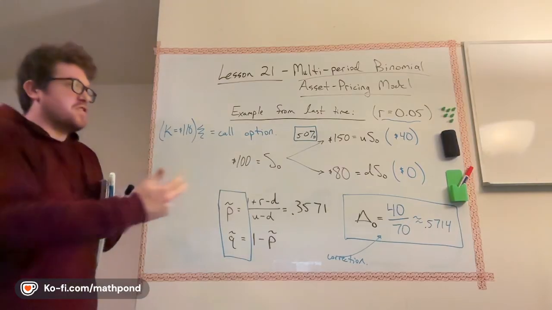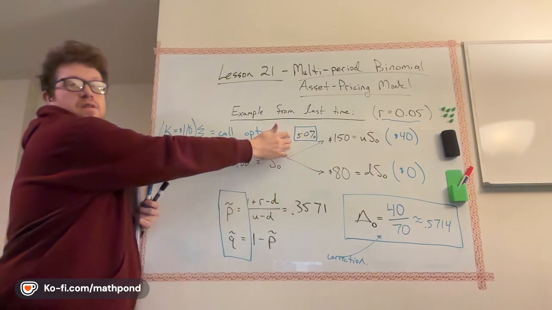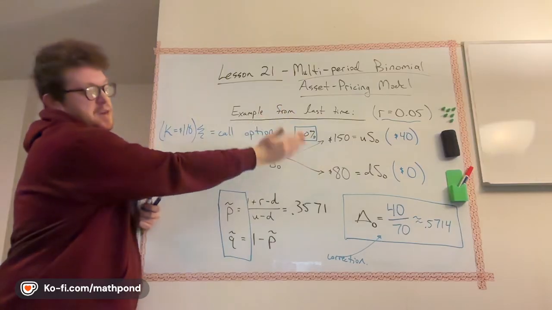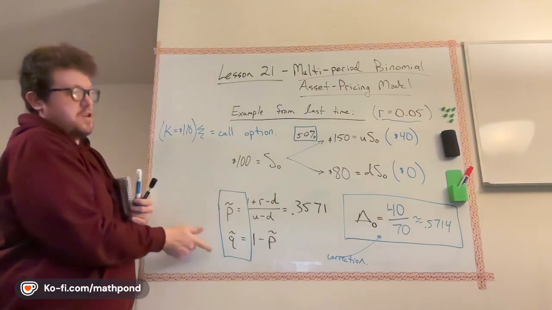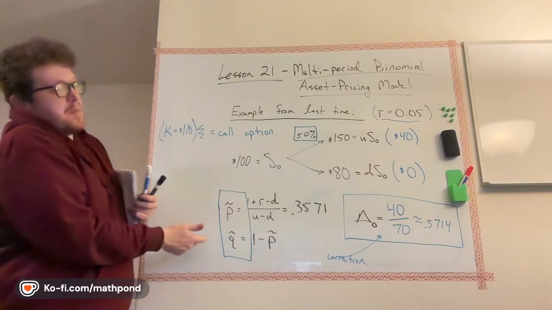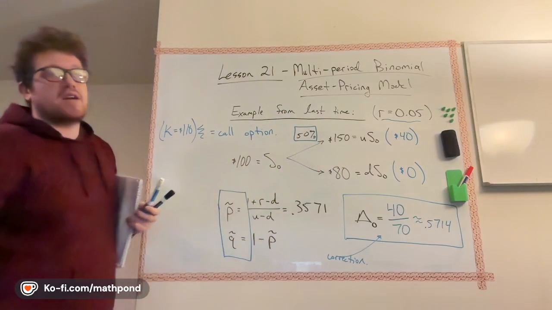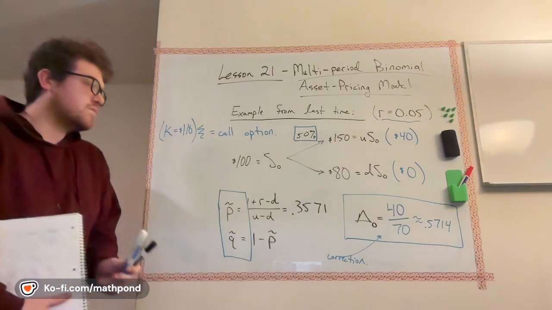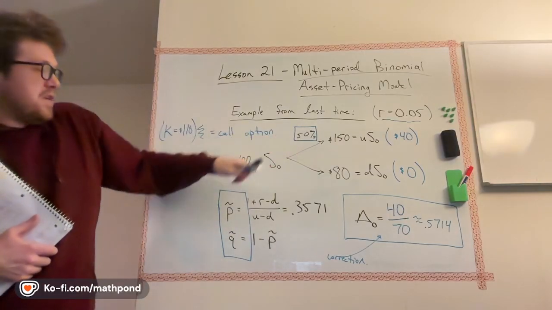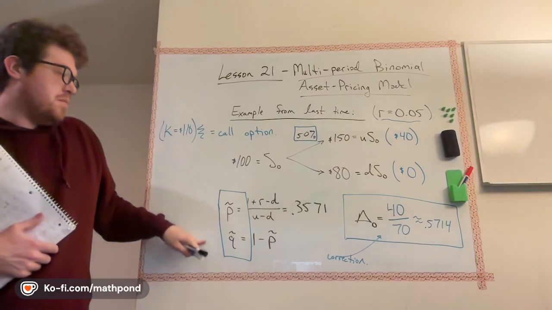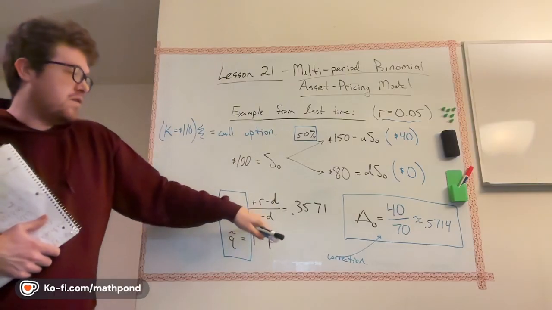We forget about the real percentages that it might go up or down and take on the new probabilities. When we price the option, it doesn't matter what the actual chance is that the stock goes up or down. You can see that here because this 50% probability doesn't play a role in the p tilde or q tilde. It just depends on R, D, and U.